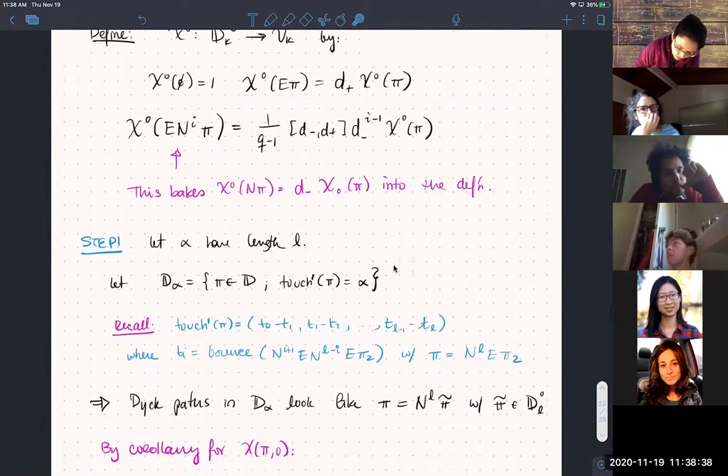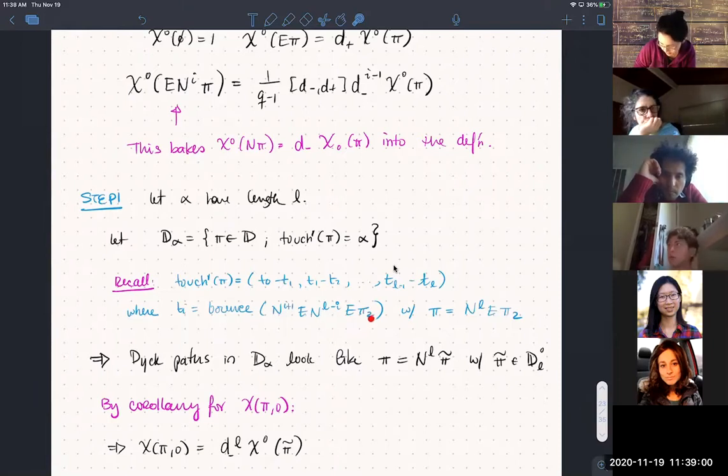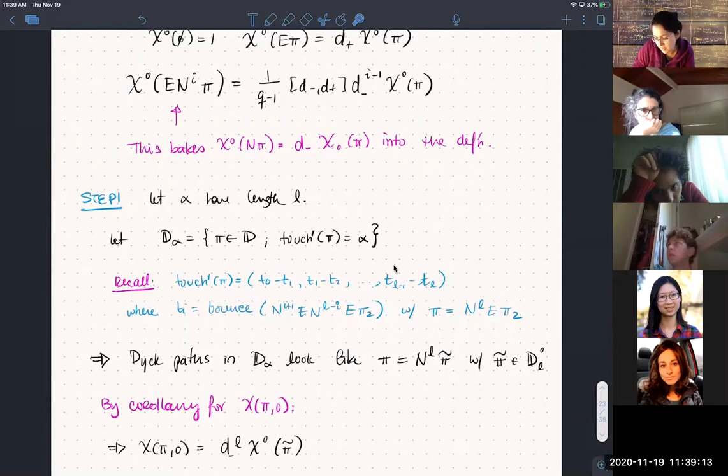And then I want you to recall that if you take touch prime of pi, the definition of this touch was basically you took a bunch of differences of this ti that was given as the bounds of this dict path, where you did a bunch of north steps, east, north, and then whatever, on some other dict path pi 2 that was obtained from the original dict path here, of which you were computing touch prime, by doing first L north steps and then an east step.